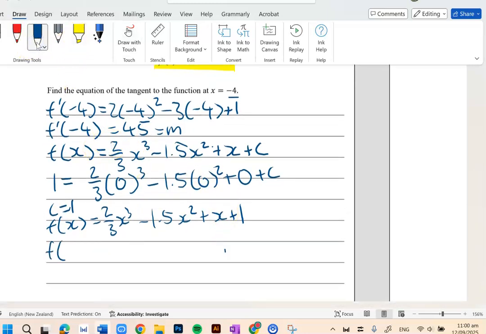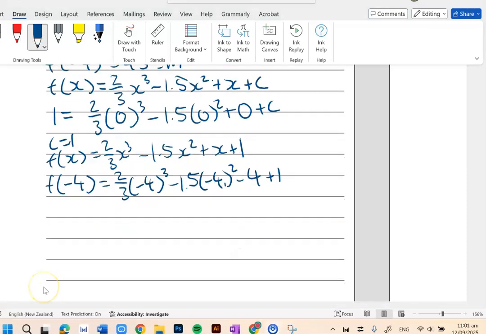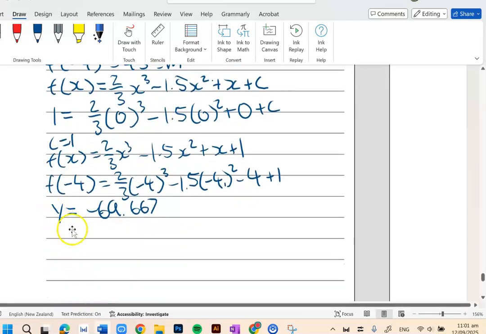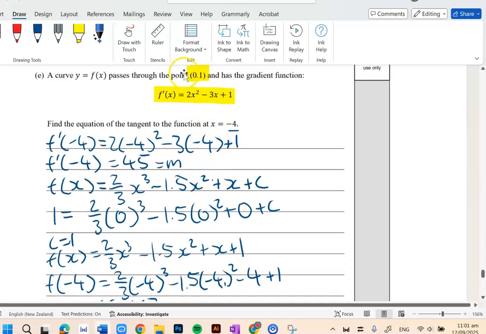So f of -4 equals 2/3 times (-4) cubed minus 1.5 times (-4) squared minus 4 plus 1. Okay, that will give us the y value of something like -69.667 or whatever. So that's the y value for the tangent, not this y.